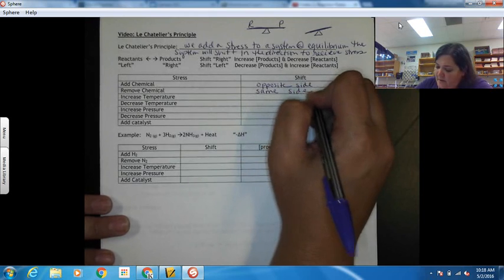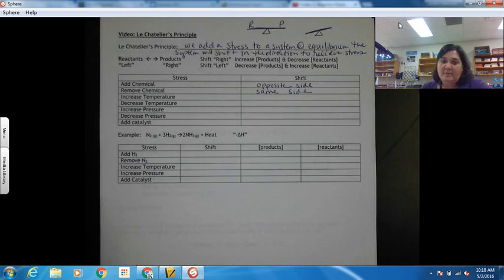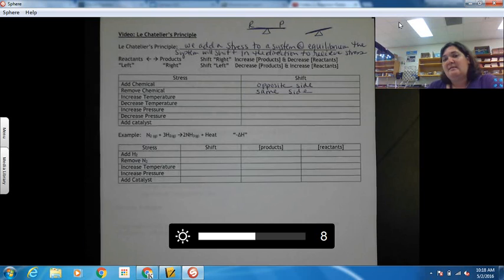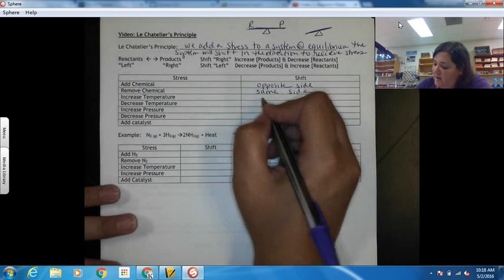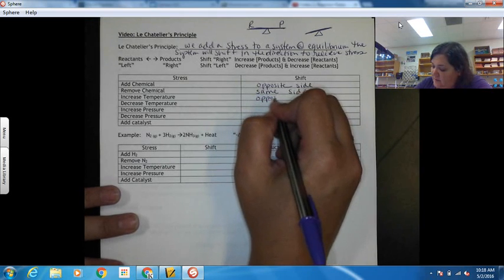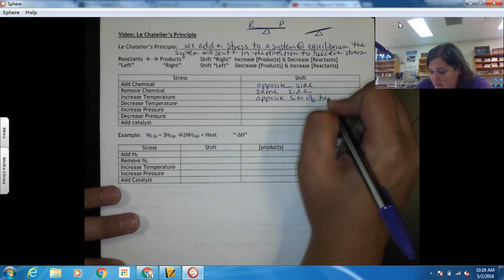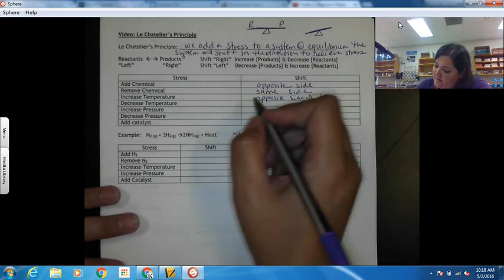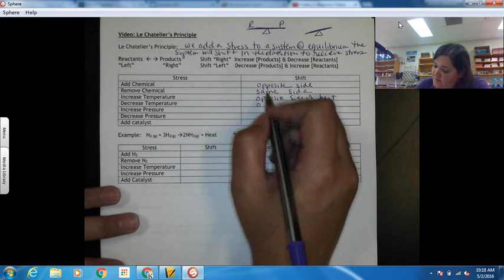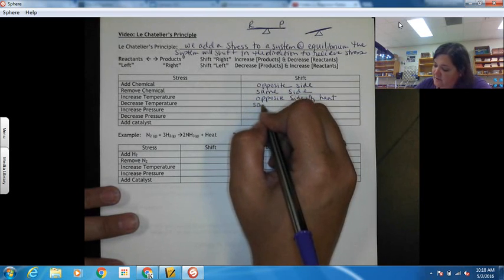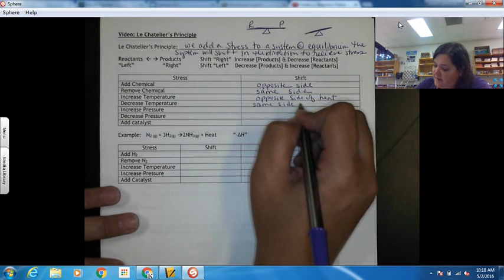Now if you increase the temperature, it too will shift to the opposite side of heat. And if you decrease the temperature, it will shift to the same side that has the heat.